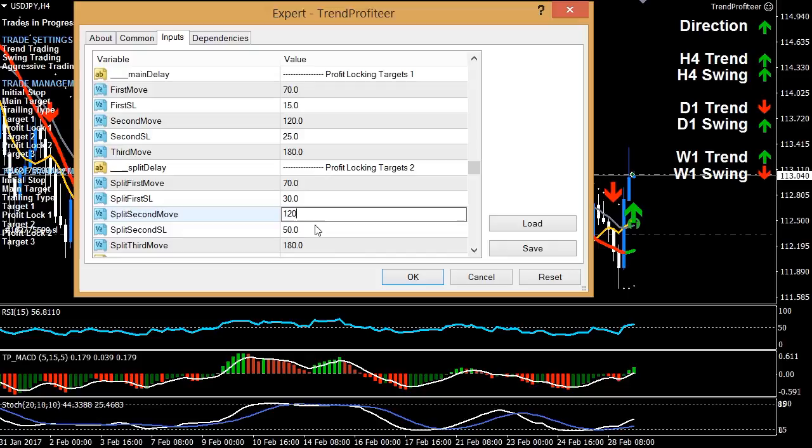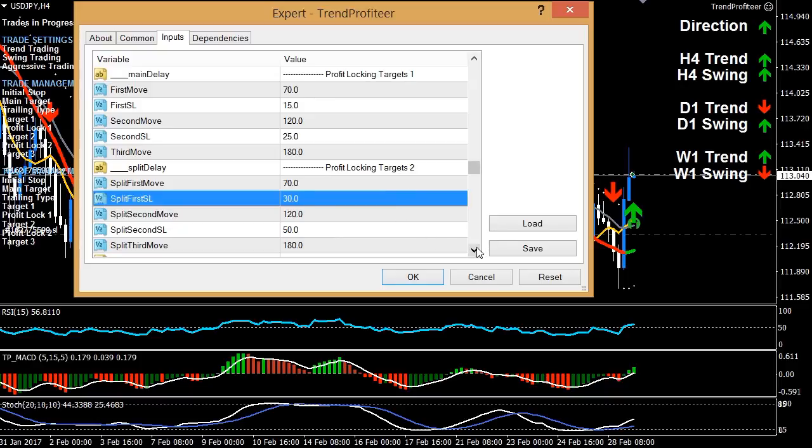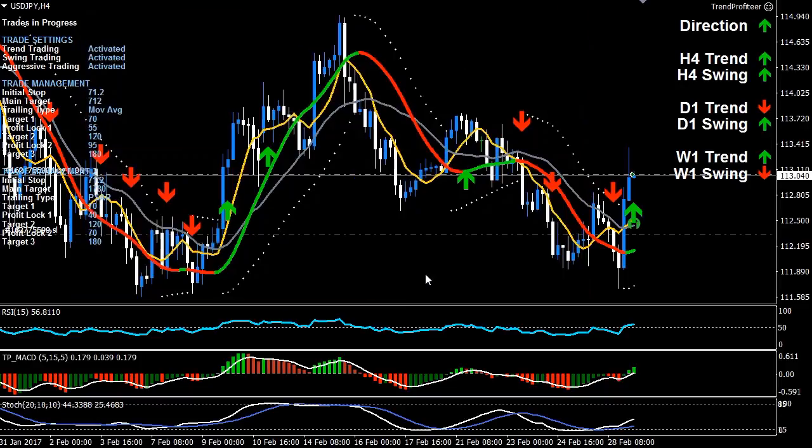So you can see there that I've been able to change the targets of when profit locking is going to occur. And it's important to always place those targets just prior to those recent highs or points of resistance.